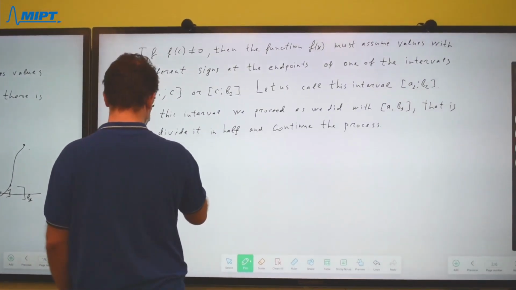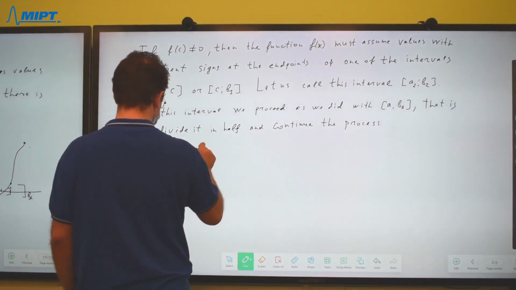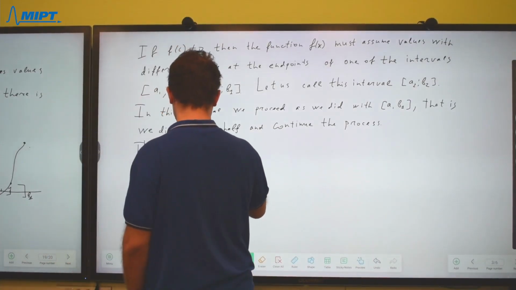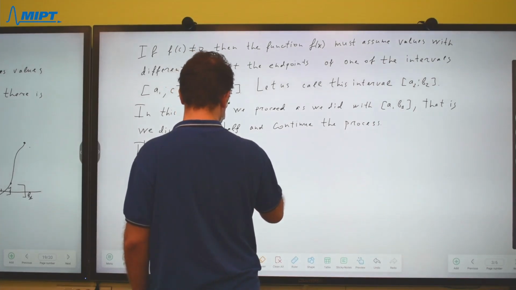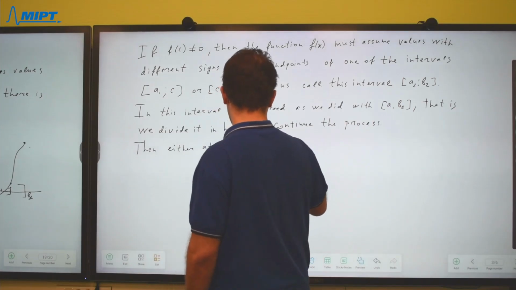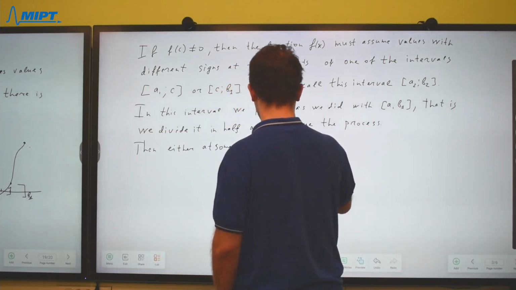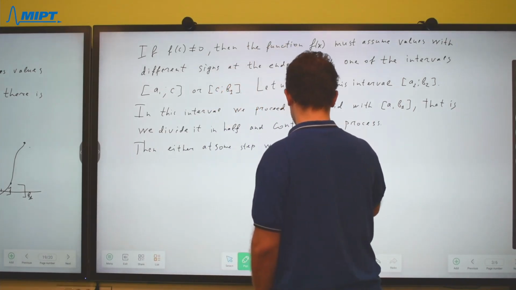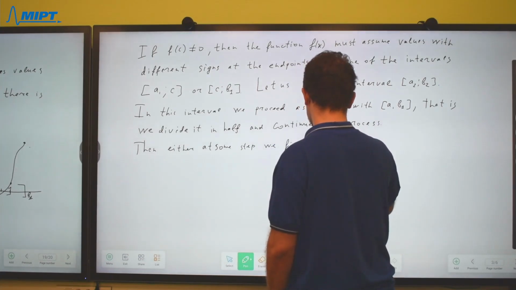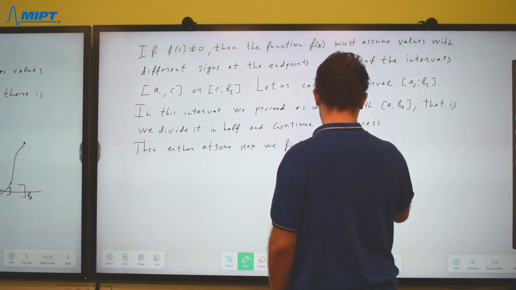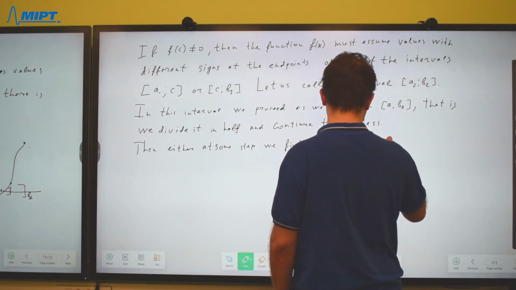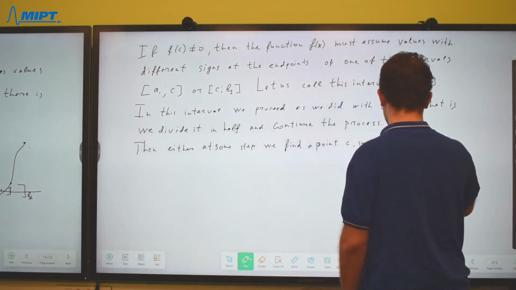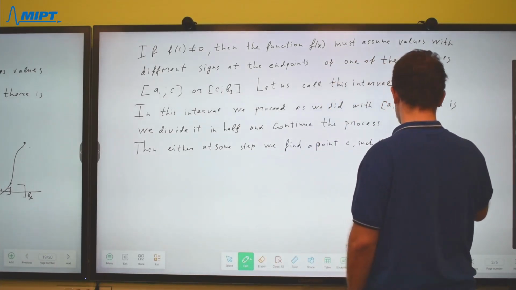Then, either at some step we find a point C such that f of C equals 0.